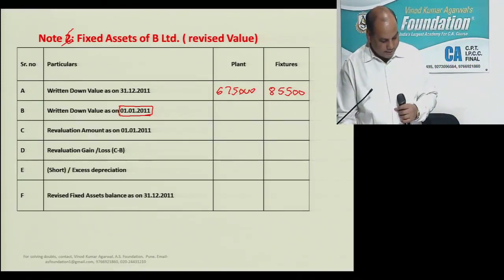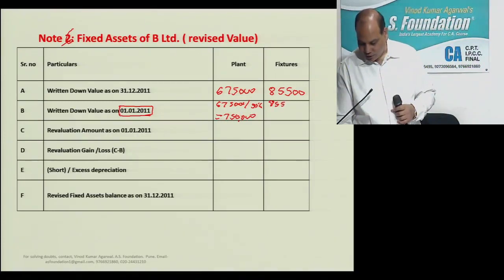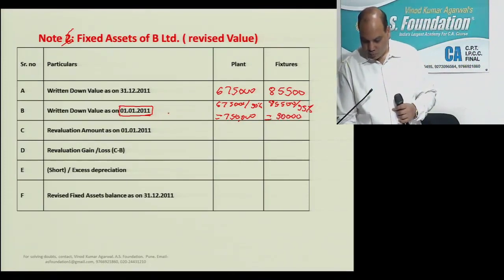Is it right? So you take 6,75,000 divided by 90%, 7,50,000. Take this 85,500 divided by 95%. Is it 90,000? So this is the book value on this date.